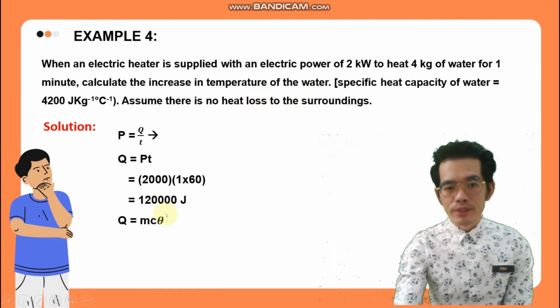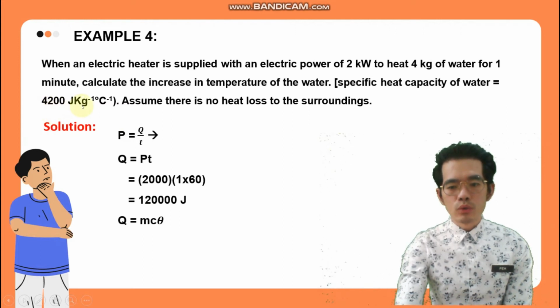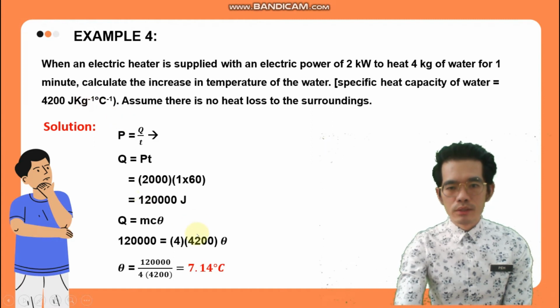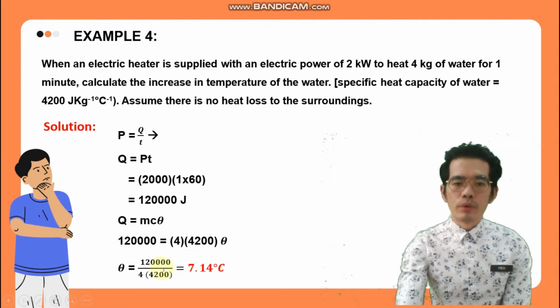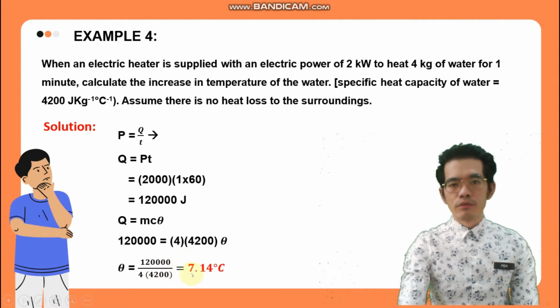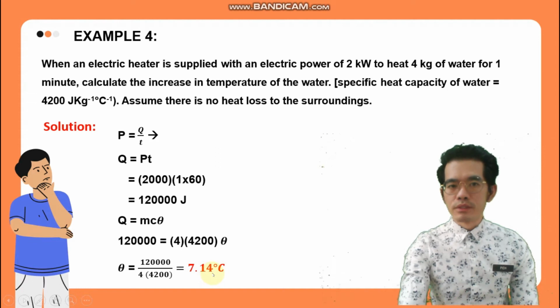We also substitute C with the value of 4200. So we get this, and we rearrange the formula. When we press the calculator, you get the increase in temperature of the water is about 7.14 degrees Celsius.